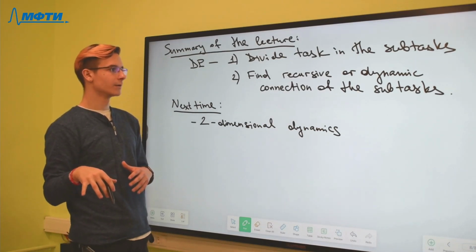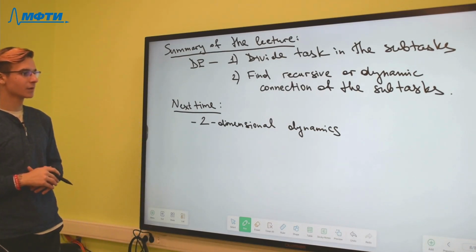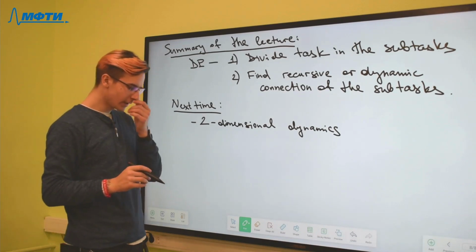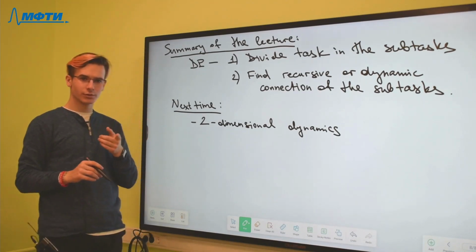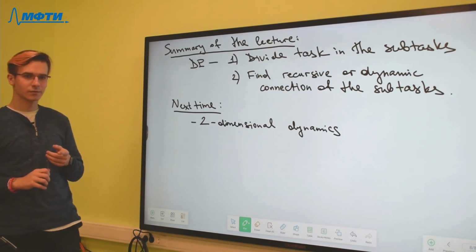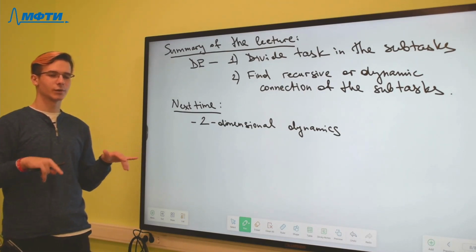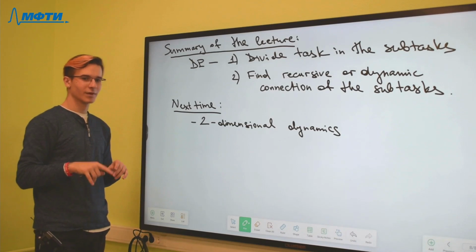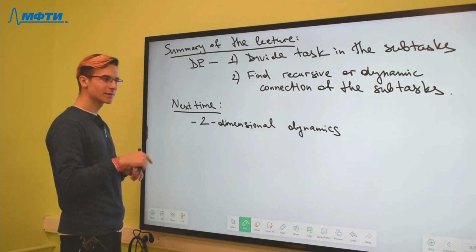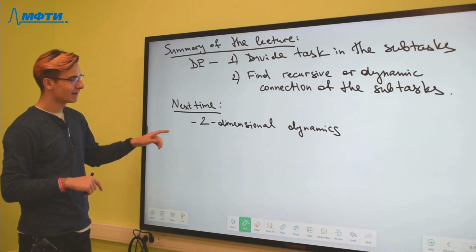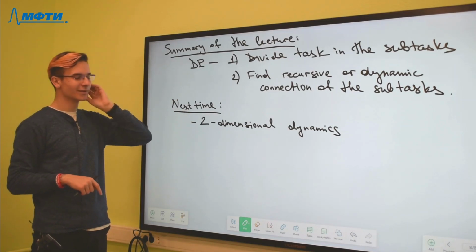Or we will talk about edit distance. Do you know what edit distance is? Edit distance between two words. We don't know, and we will talk about it next time. And we will find two-dimensional dynamics in it.